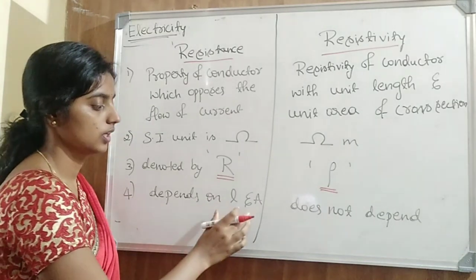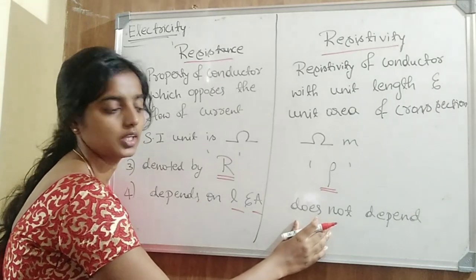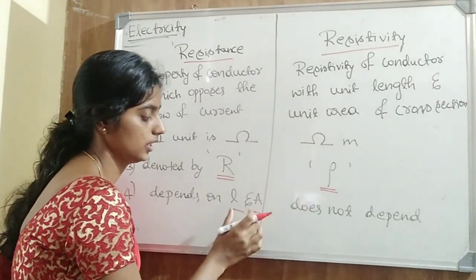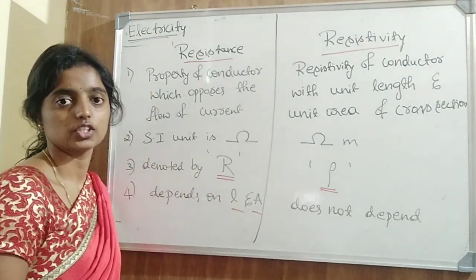Resistance depends on length and area of cross section, but resistivity does not depend on any factors like length and area of cross section.